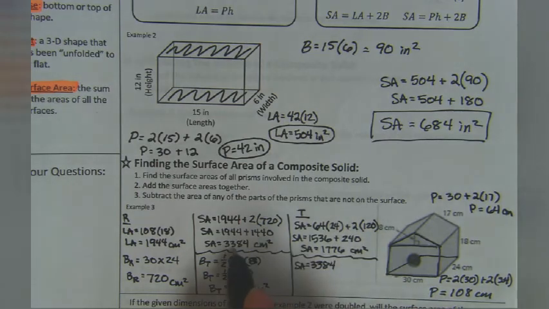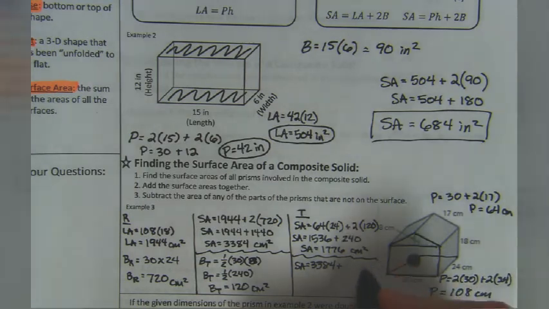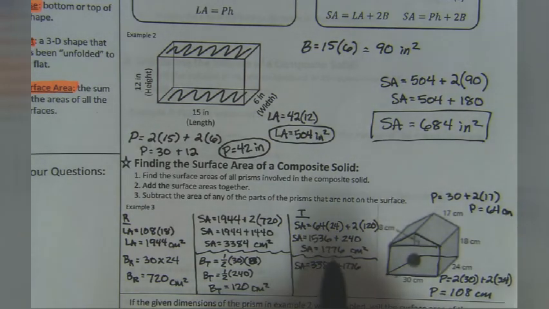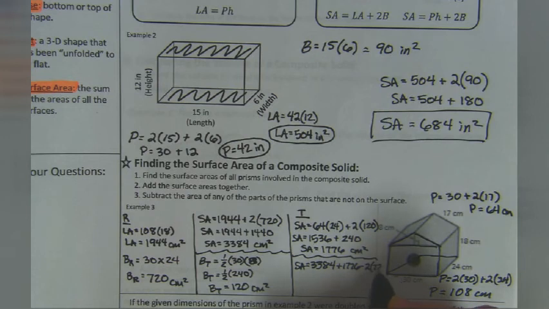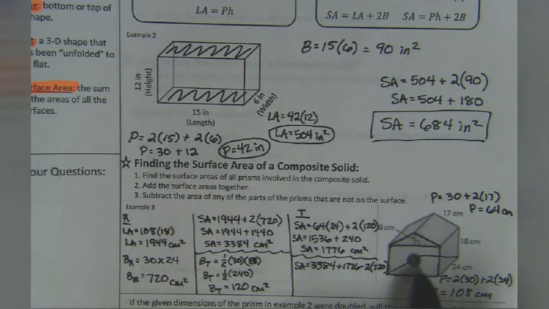Remember, that was our surface area of a rectangular prism, plus 1,776, surface area of our triangular prism, minus 2 times 720. 720 was our base here, and so if it's the base of the bottom, that's the same as the top, and that's the same as the bottom of this triangular prism.